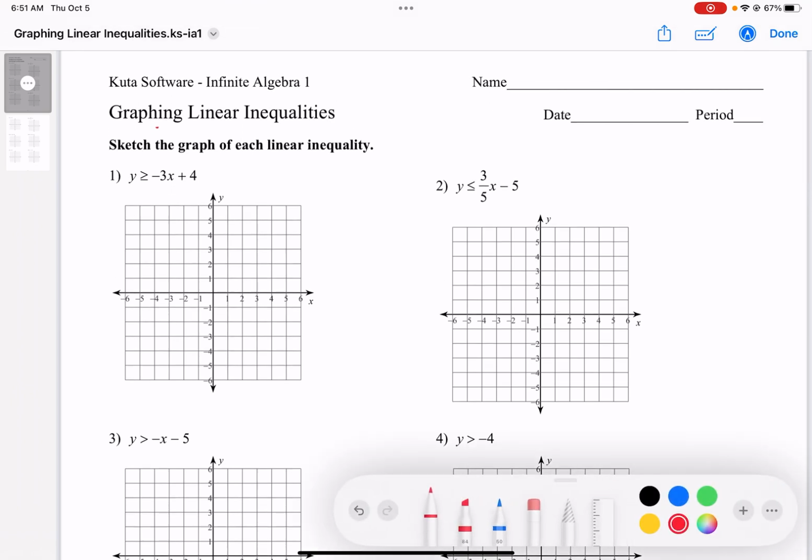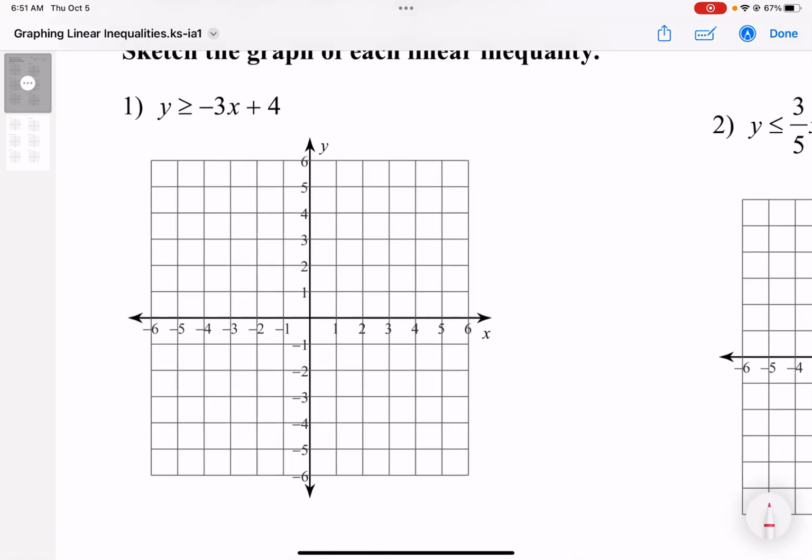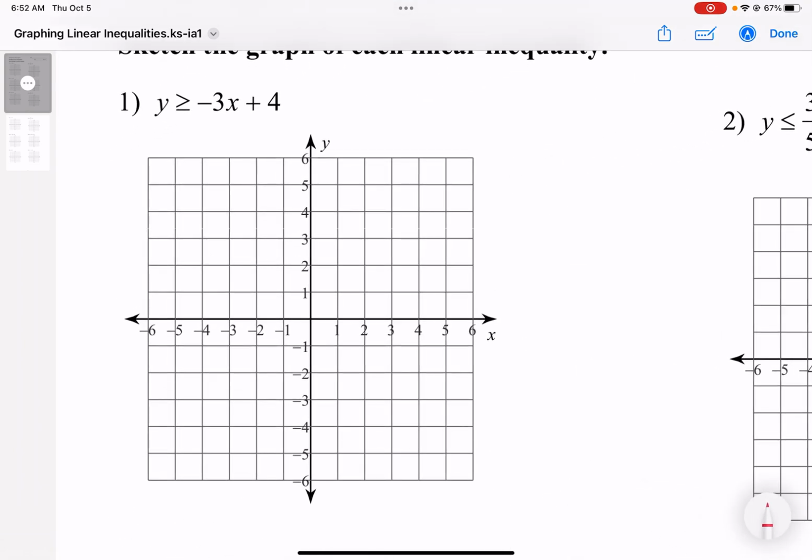I have y is greater than or equal to negative 3x plus 4. And so we're going to take the same approach as we would graphing just a regular linear equation. There are two parts. There is a slope, m, and there's a y-intercept, b. And so this is in nice y equals mx plus b format, and so I know the b is always the constant.